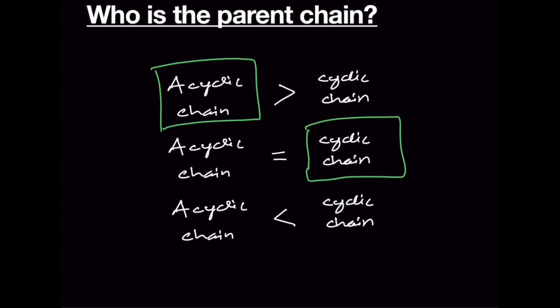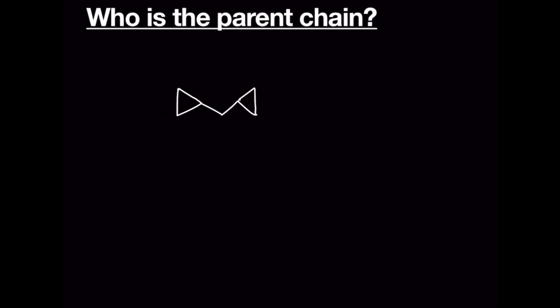If the acyclic chain length is lesser than the cyclic chain, then cyclic chain is the parent. These 3 things you should always keep in mind. But once again, when the functional group comes, depending upon where the functional group is, things can change. So, let us look at more examples.